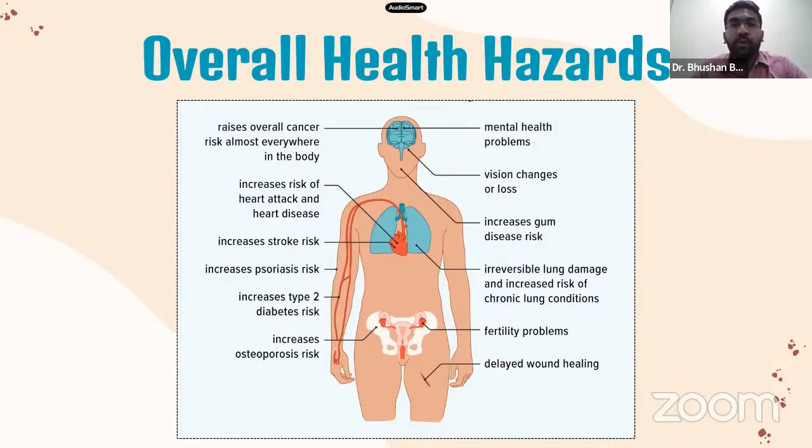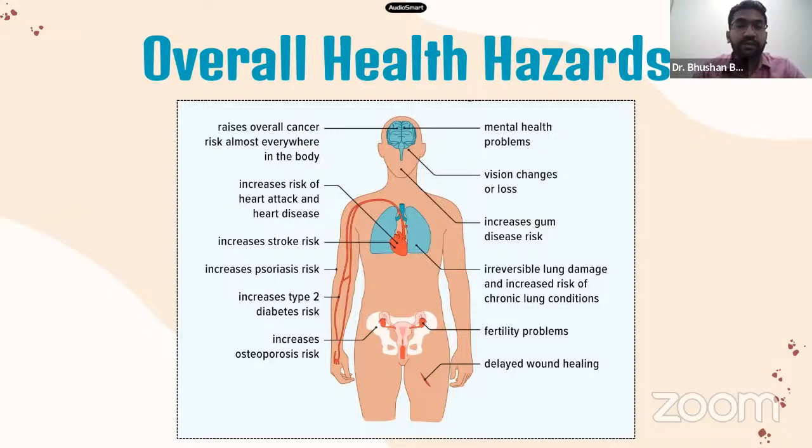We all know tobacco goes either through the oral cavity, that is through the mouth, or we smoke it and it goes into the lungs. So lungs are affected. Through the lungs, the tobacco goes into the blood vessels and affects the heart and multiple organs of the body. So starting from top to bottom, mental health problems can also occur due to tobacco.